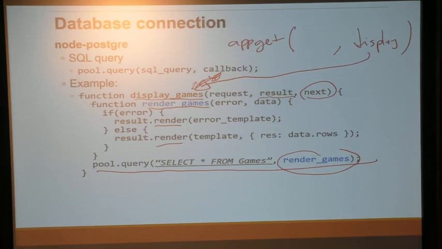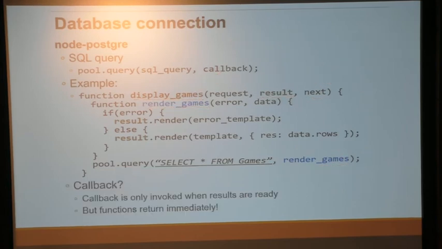You do not want to get stuck on that. You do not want to wait for the SQL to finish before you can do something else. So the server will do whatever it needs to do, and once the data is ready, it will continue on with this callback. So you can chain the callback. This is where things get complicated if you have multiple queries. So yeah, this is about callback.